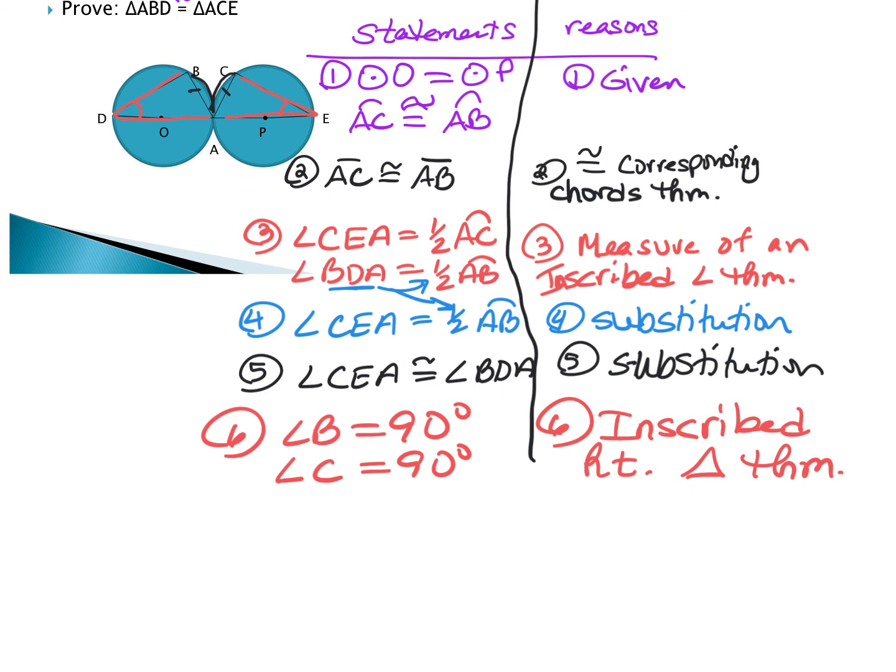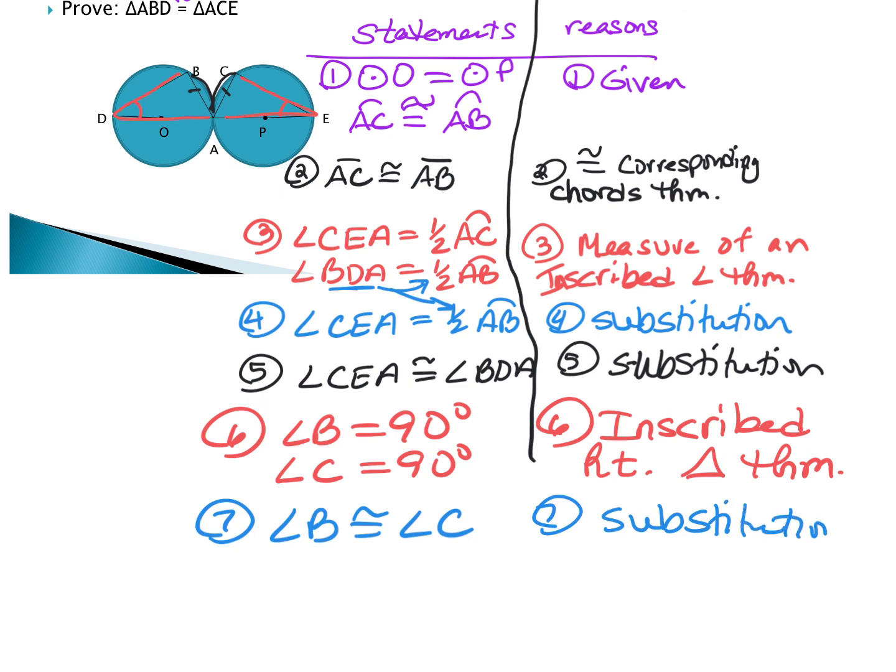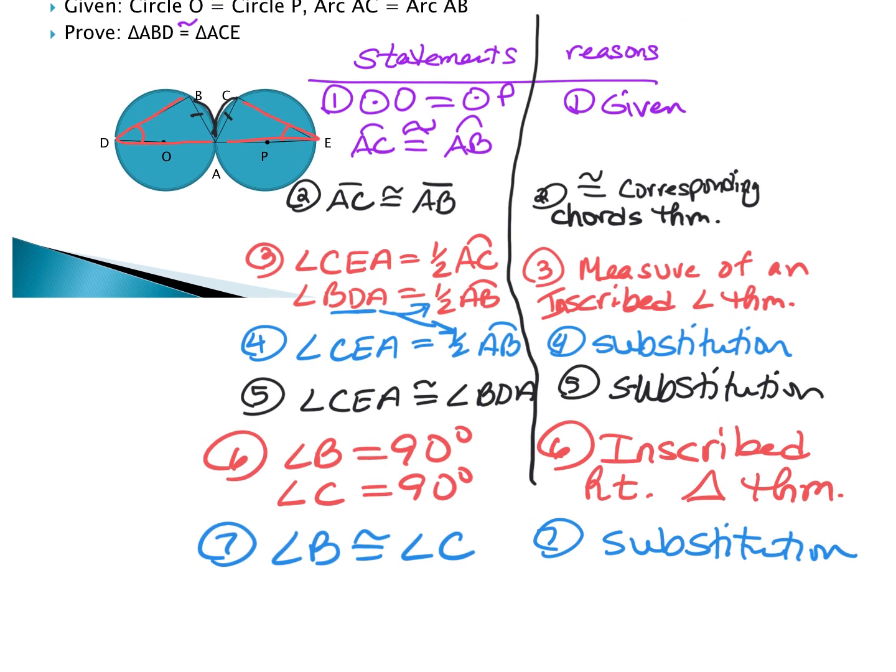So because both B and C equal 90, I can do substitution again. And I can say that angle B is congruent to angle C. And this is substitution. And again, I can mark it here.